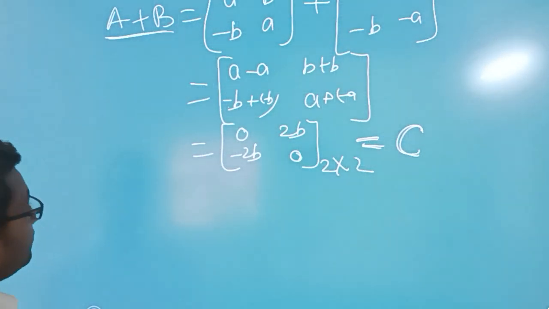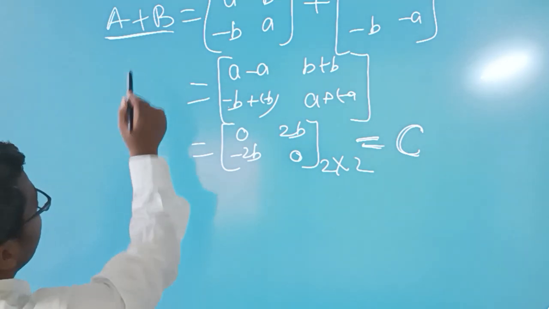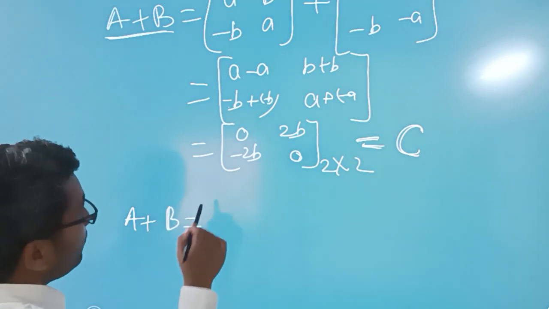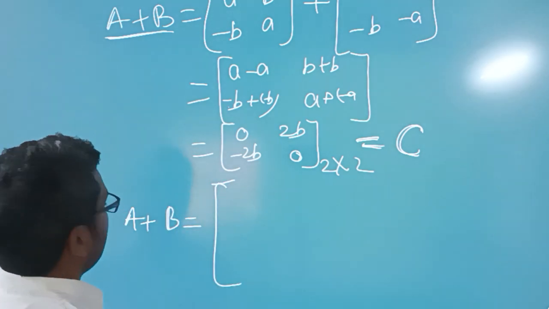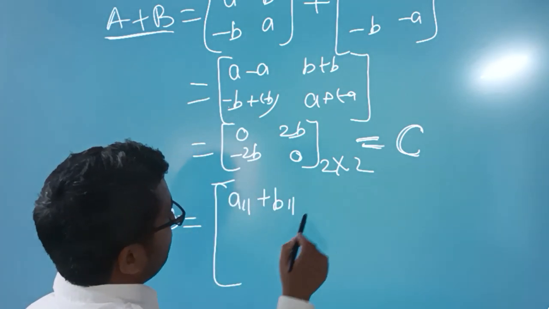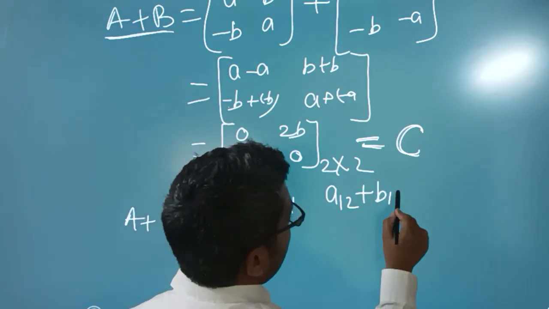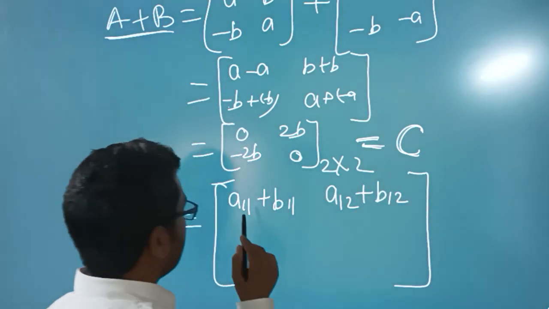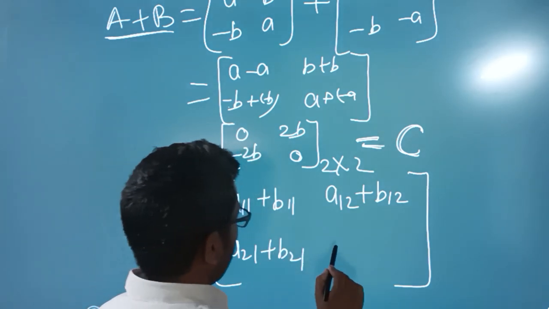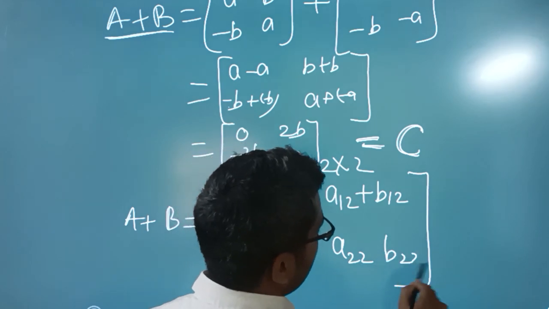Simply, the addition of two matrices A plus B is done element by element: A11 plus B11, A12 plus B12, like that A21 plus B21, A22 plus B22.